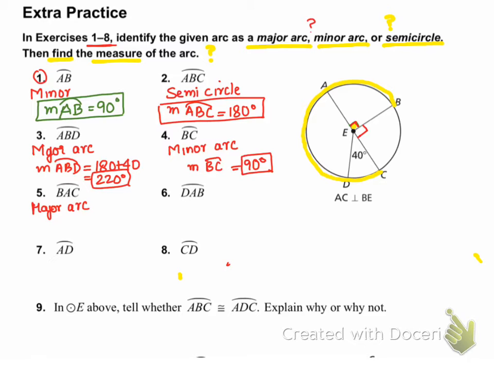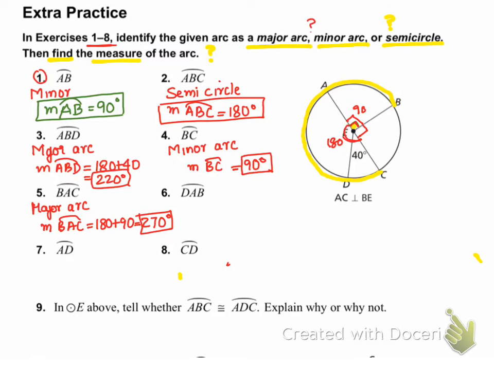We know this part is 90 and this whole thing is a straight angle, 180, so you add them together. The measure of arc BAC is 180 plus 90, that's 270 degrees.